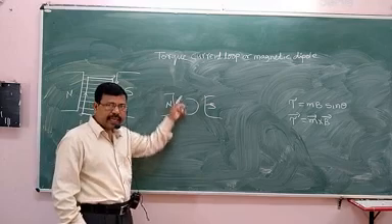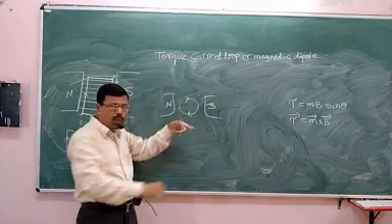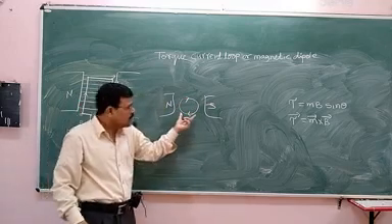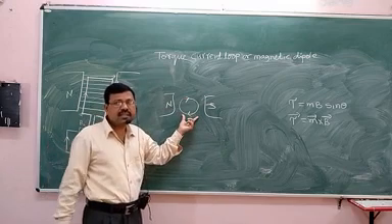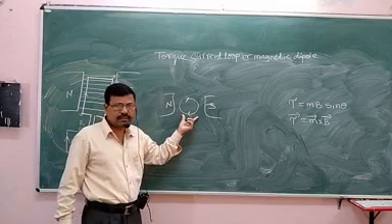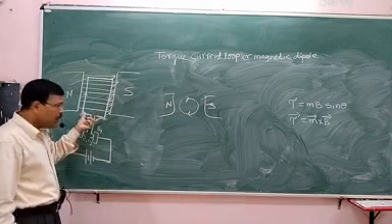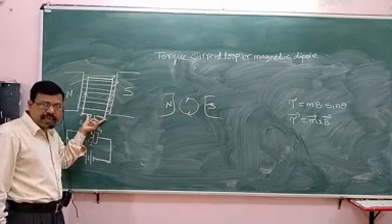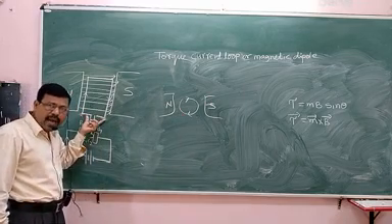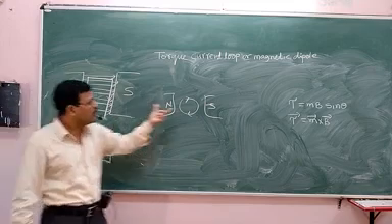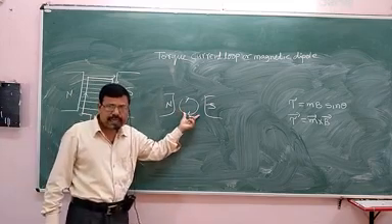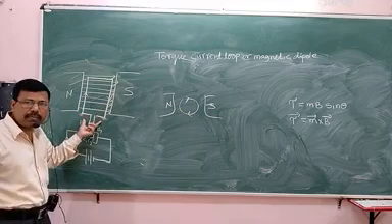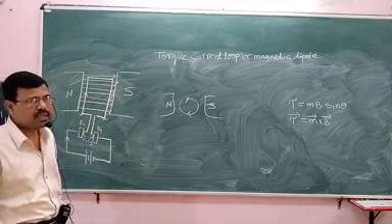It is a current carrying loop, either clockwise or anti-clockwise. This loop also experiences a torque. Whether we keep a rectangular current carrying coil or a square or a circular current carrying coil, when it is kept in the magnetic field, it experiences a torque.